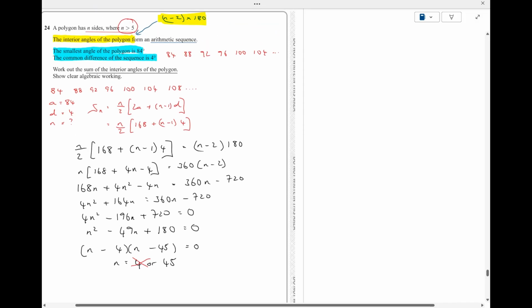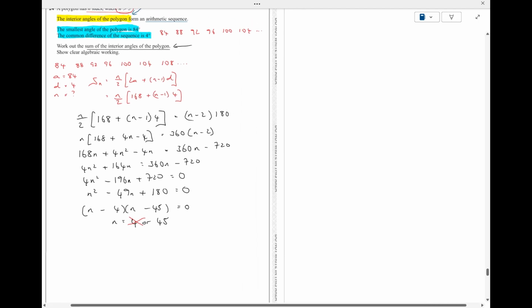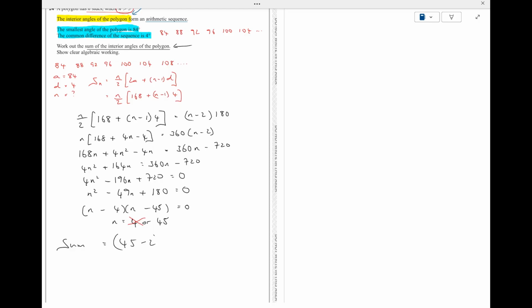Let's go back to the question, shall we? Work out the sum, it's asking me, of the interior angles. Okay, well, if it's got 45 sides, then the sum of the interior angles is going to be 45 minus 2 times 180, which is 43 times 180. 7,740.